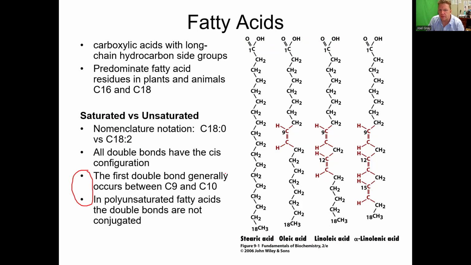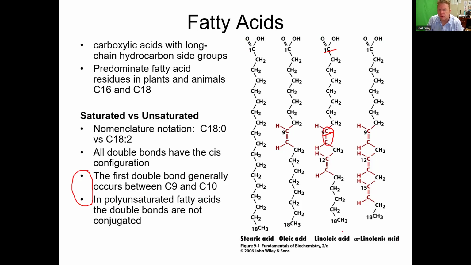The first double bond is generally between carbons number 9 and 10. Okay, so we've started from the top where we have carbon number 1, and then we count all the way up to carbon number 9. We've got a double bond between carbons number 9 and 10. Got it. Next, I'm looking at linoleic acid here.